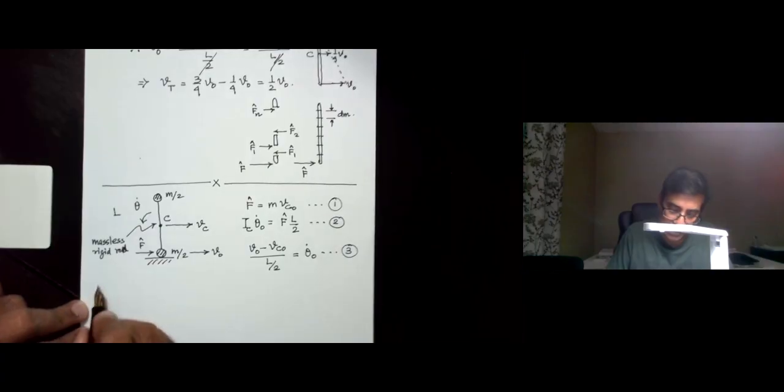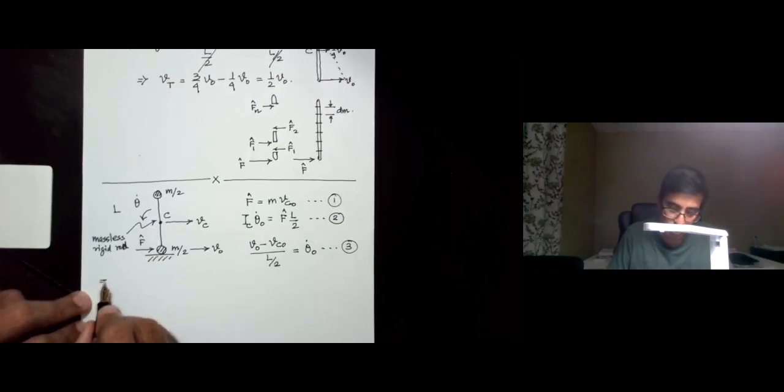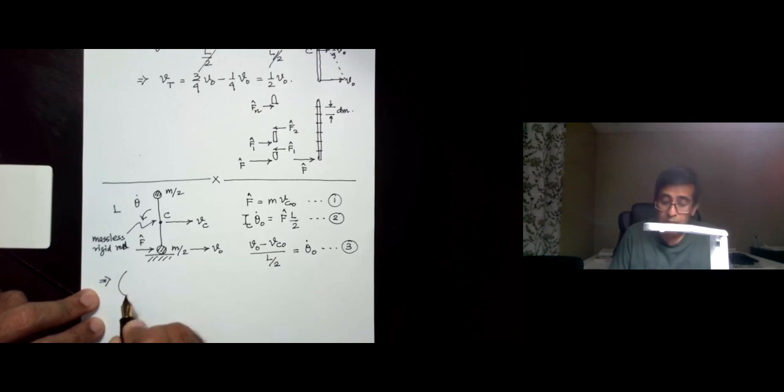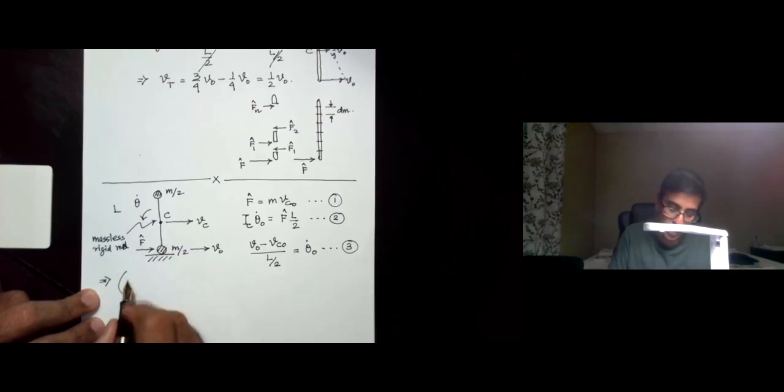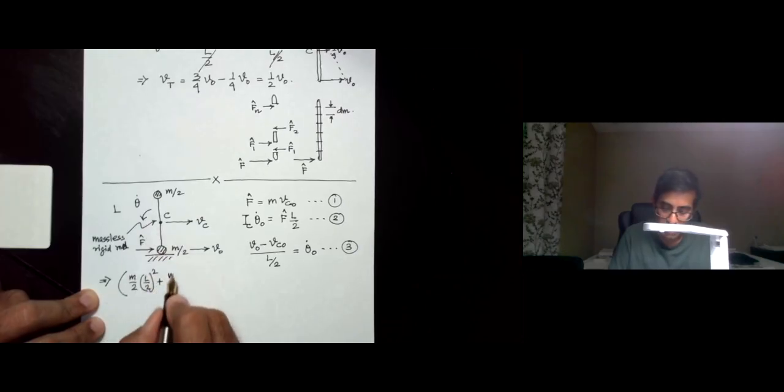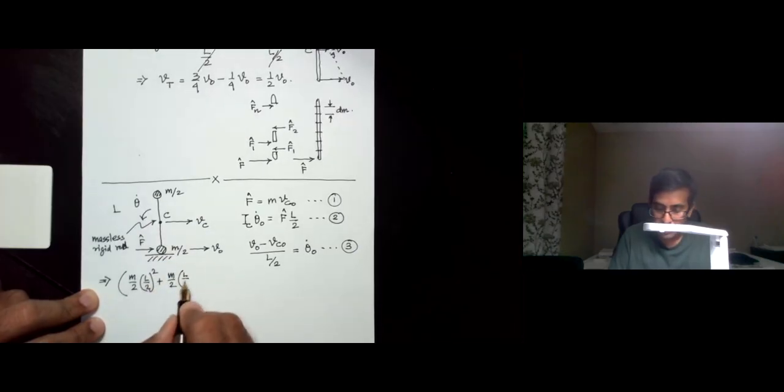Now let us process equations 1 and 2. IC is going to be the net moment of inertia due to these two lumped masses about the center. So this one is going to be m over 2 times L by 2 squared, and this is going to be again m over 2 times L by 2 squared.